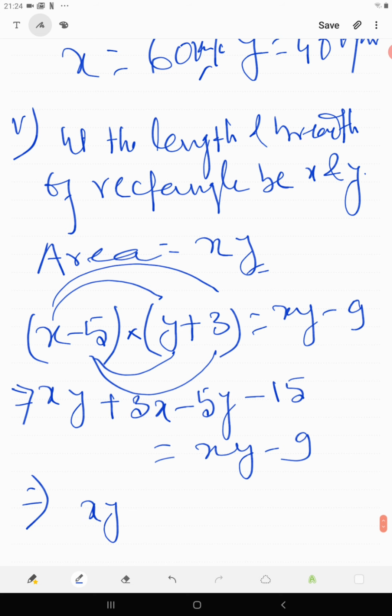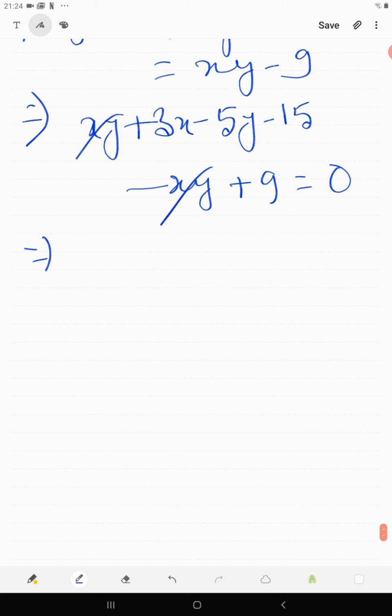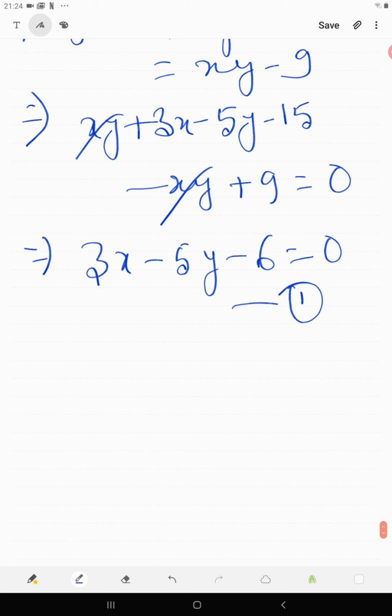Take everything to the left. So xy plus 3x minus 5y minus 15, minus xy plus 9. Because xy is positive on the right, it becomes negative on the left. 9 is negative on the left, so it becomes positive on the right. xy cancels. What we are getting is 3x minus 5y, and then minus 15 plus 9 is minus 6, equals 0. This is our equation 1.